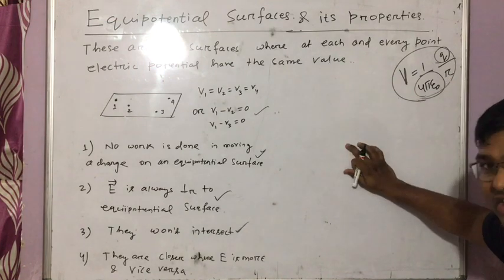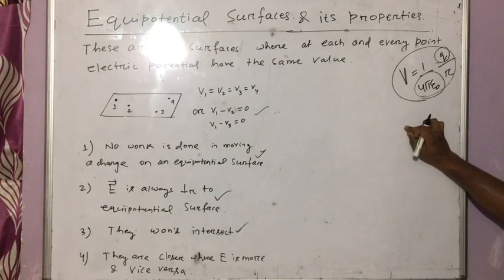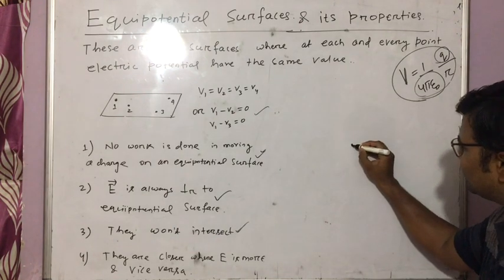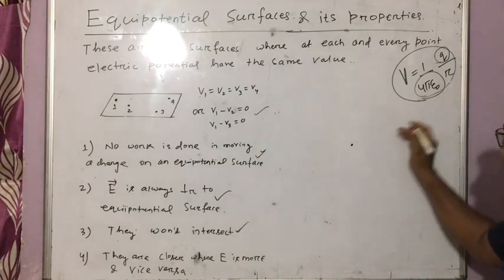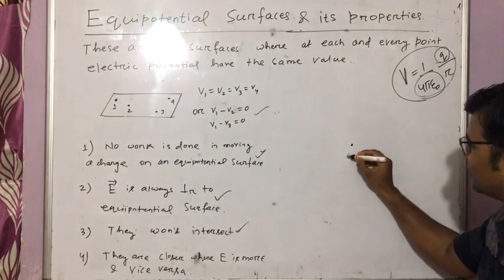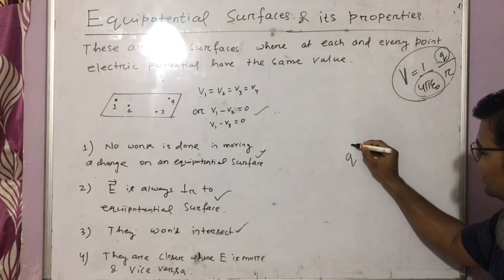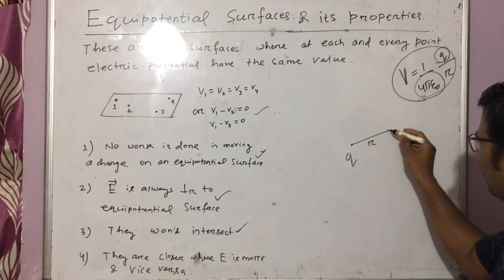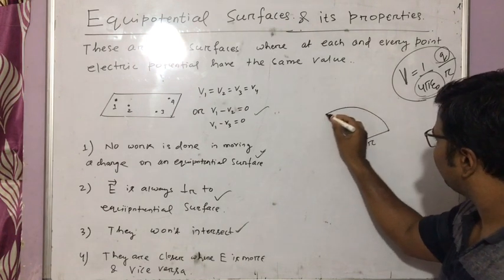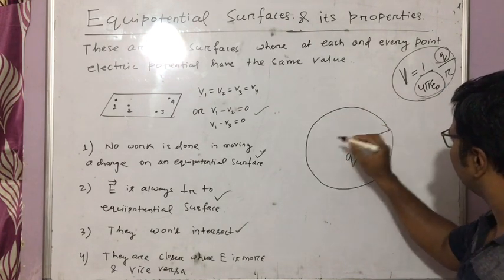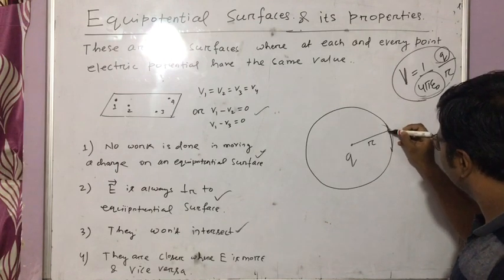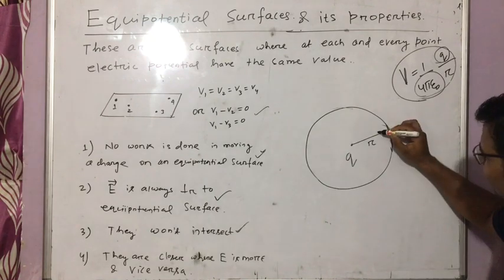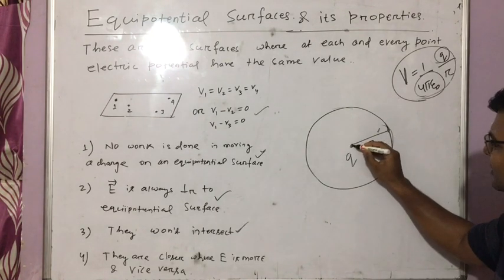So from a point charge at a particular distance, the value of V is fixed. Means if you take a charge Q here, and by choosing some distance, let's say R, if I draw a sphere, try to think, the sphere's surface is all the time at a distance R from the center.